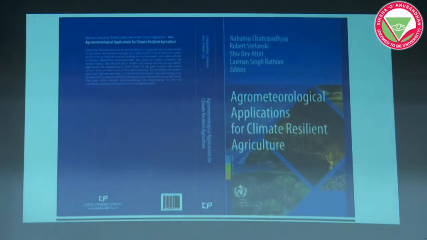Around 16 to 20 countries have given what exactly they are doing in their country, how this resilient agriculture can be done. If anybody is interested, he can take this, and I'd like students to read the book.